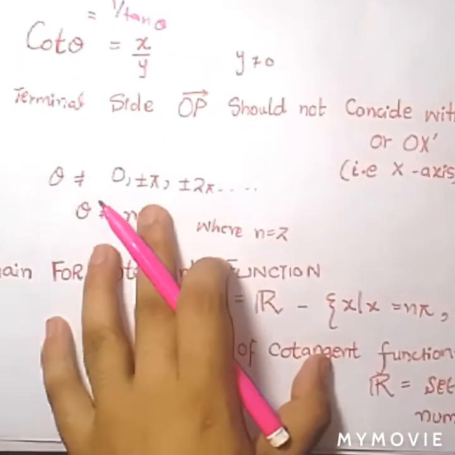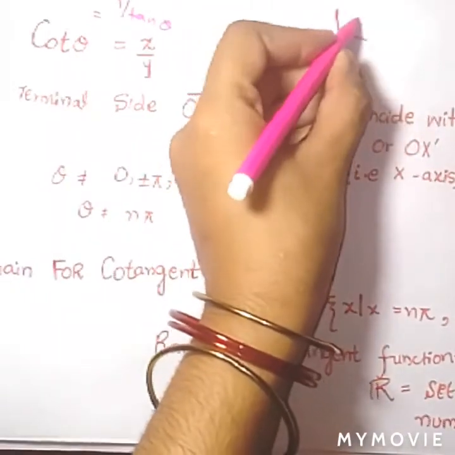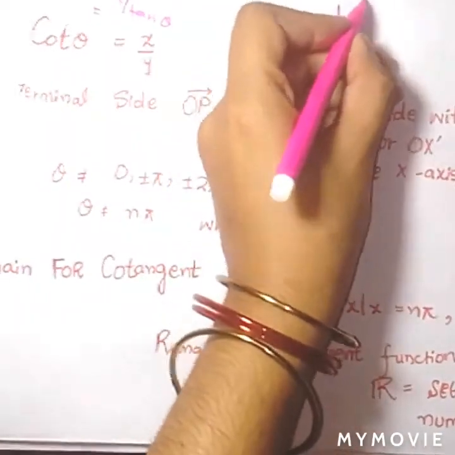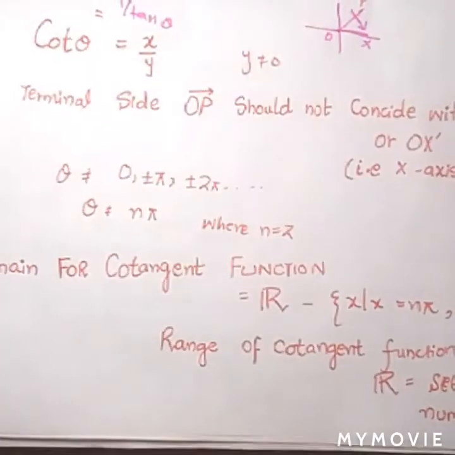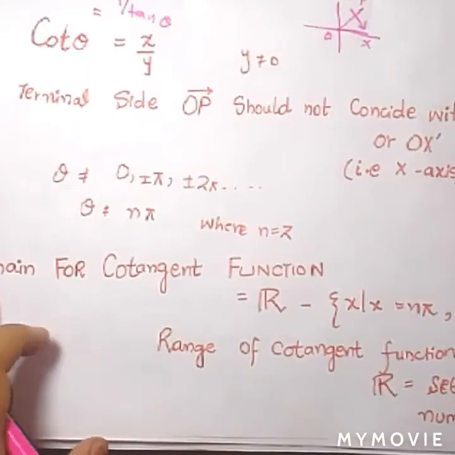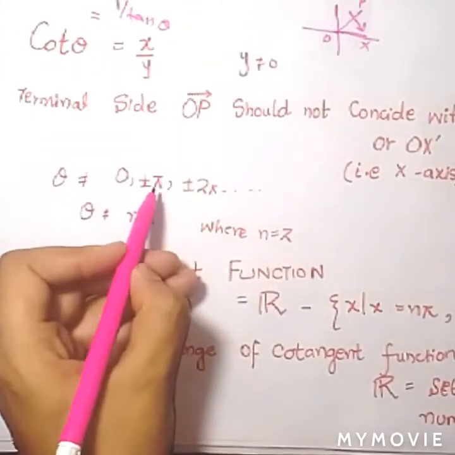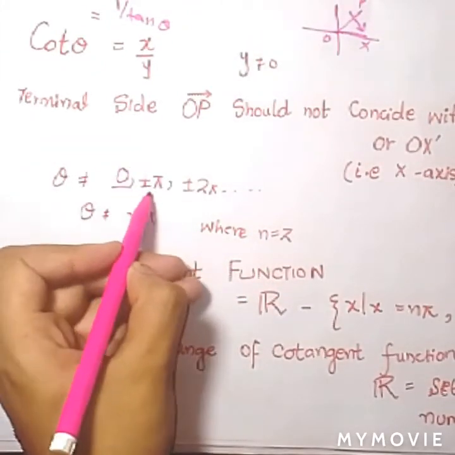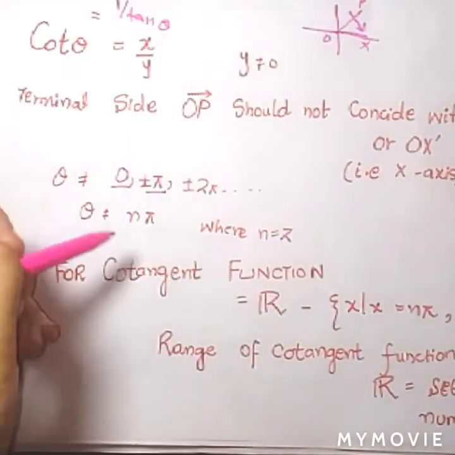The terminal side OP should never touch the OX axis, because that would make the angle pi, 180 degrees, or a multiple of 180 degrees. The main focus is to avoid 0, 180 degrees, and the multiples of pi.